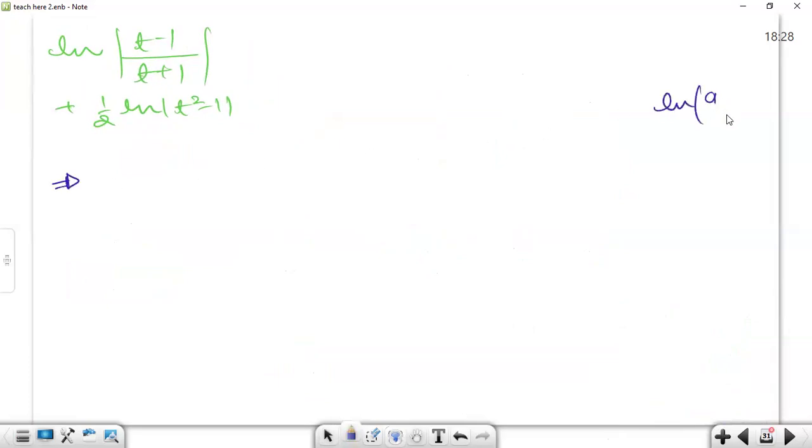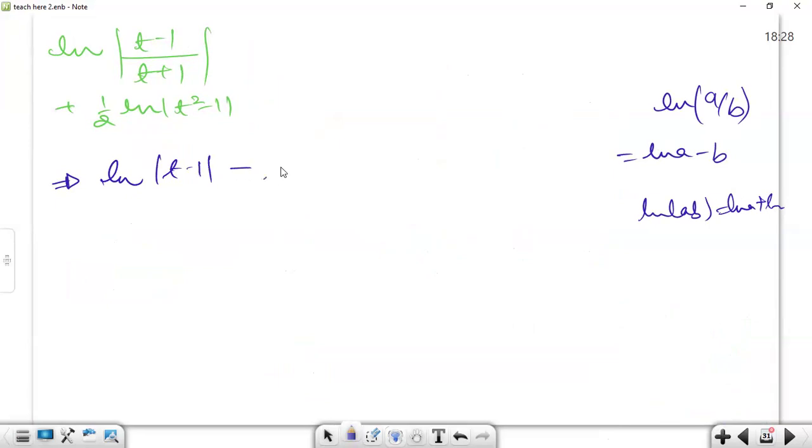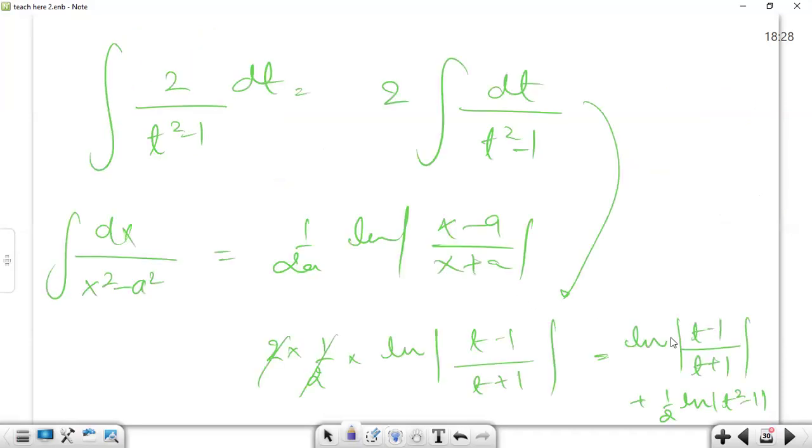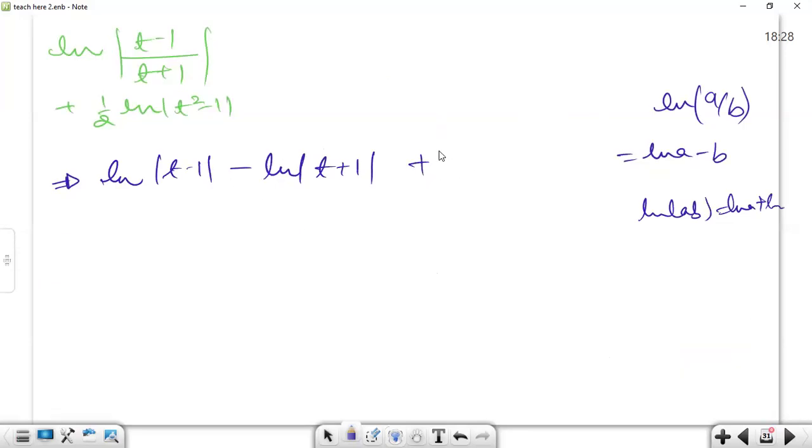Logarithm of a over b can be written as ln of a minus ln of b, and logarithm of ab can be written as ln of a plus ln of b. So here logarithm of t minus 1 minus logarithm of t plus 1, right? And there's a half. Are there any coefficients to this also? There are no coefficients to this. Plus half, so it will become logarithm of square root of t square minus 1.